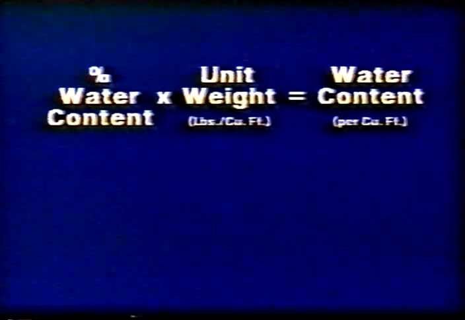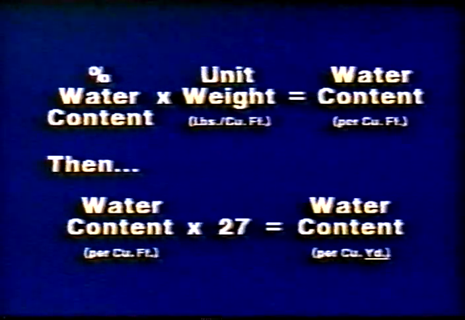Then, the percentage of water content is multiplied by the unit weight of the concrete. If the unit weight is in pounds per cubic foot, the result is the water content per cubic foot. Then, multiplying by 27 gives the total water content per cubic yard.